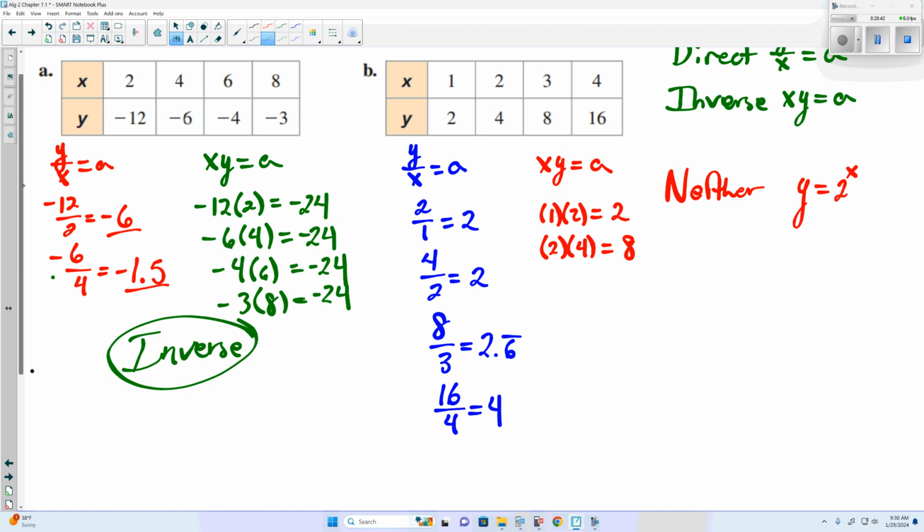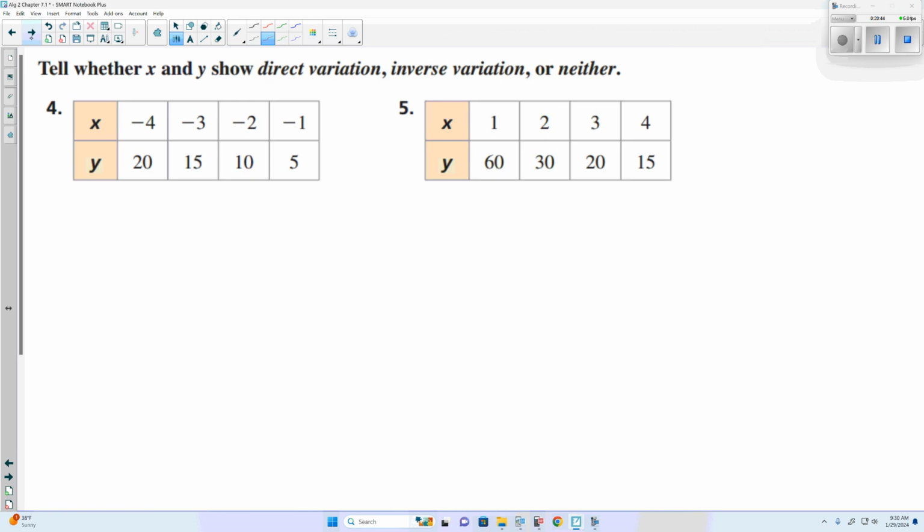One's going away from 0, one's going towards 0. If we look at number 4, the x is going towards 0, the y is going towards 0. So they're going in the same direction, and we can check direct first.